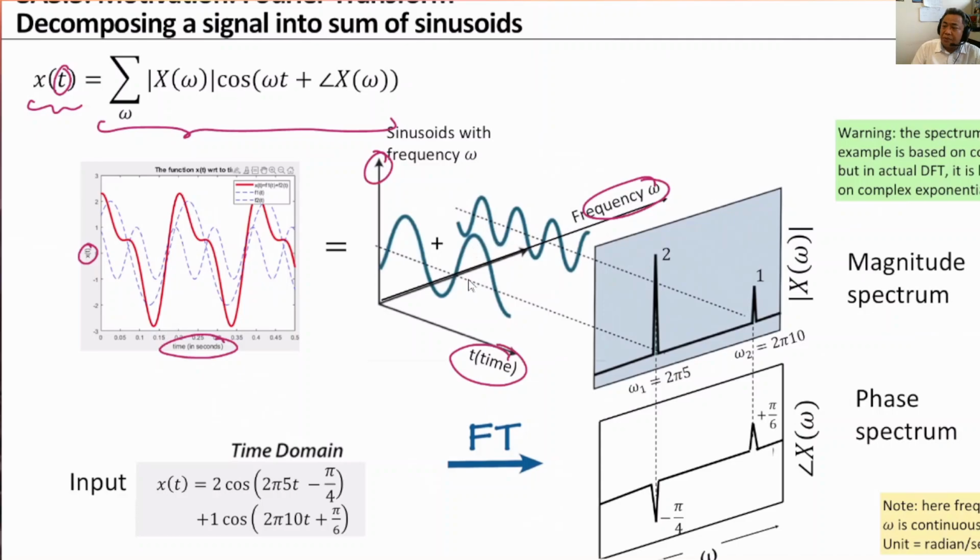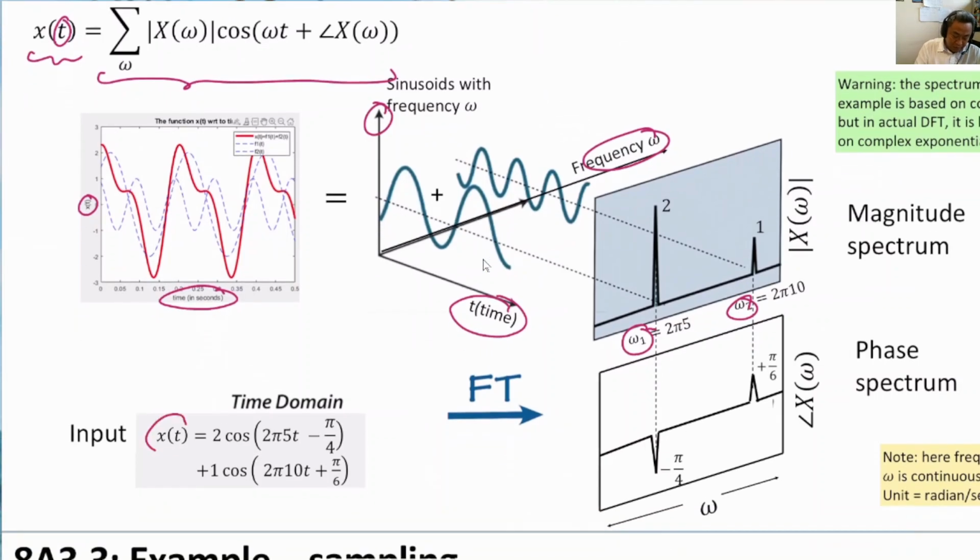We can also visualize these two blue dotted lines as two separate signals, one at frequency omega 1 and the other at omega 2, which is exactly what x of t is. One of the signals is at omega equals 5, and the other one is at omega equals 10.